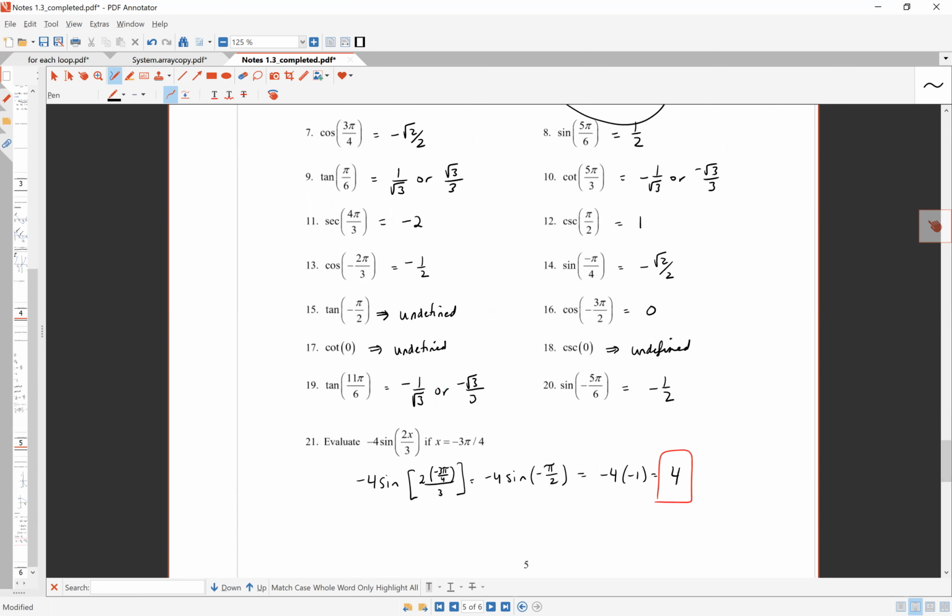And then the cotangent is undefined at all multiples of pi. That's where the sine is 0. Sine is 0 at all multiples of pi. You go back up here, and you can see it here.